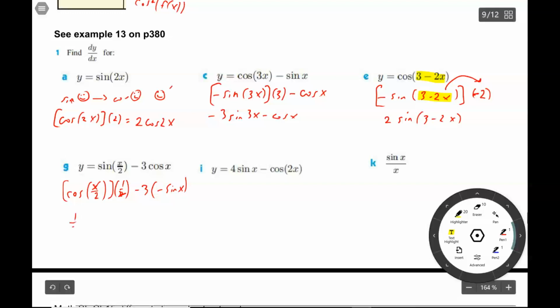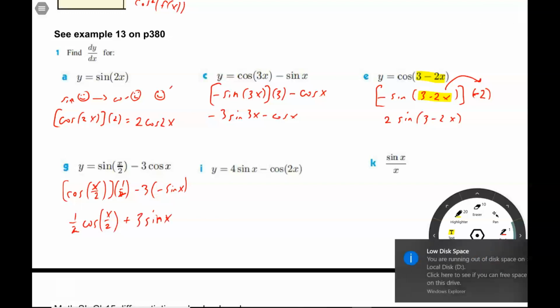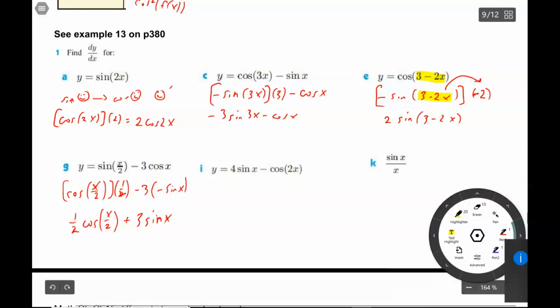Now we can rewrite this so that we don't need any parentheses and a lot fewer negative signs, right?